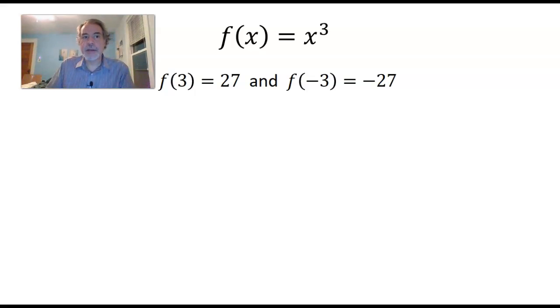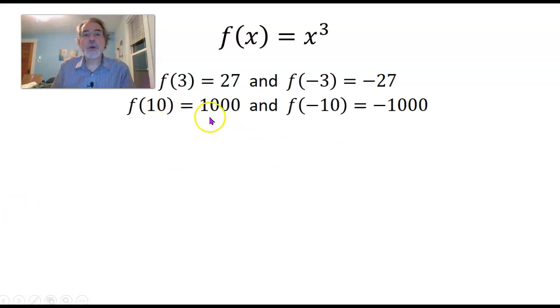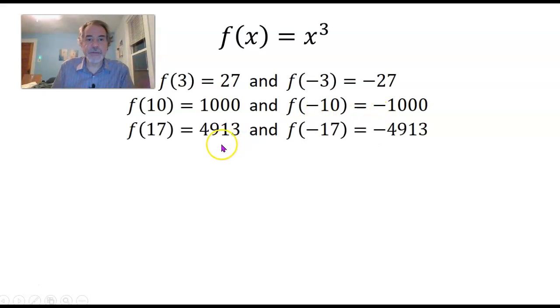Remember, a negative times a negative is positive, times a 3rd negative is negative. F of 10 would be 1,000, and f of negative 10 would be negative 1,000. F of 17, 17 cubed, would be 4,913. And f of negative 17 cubed would be negative 4,913.